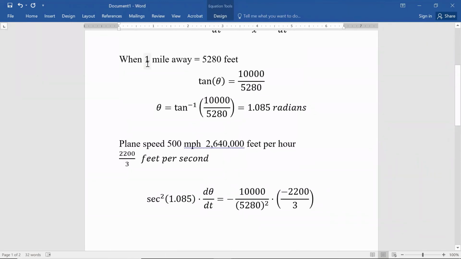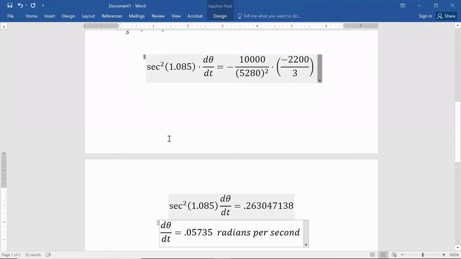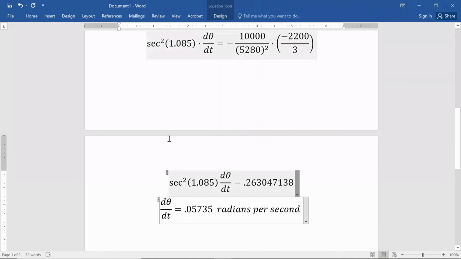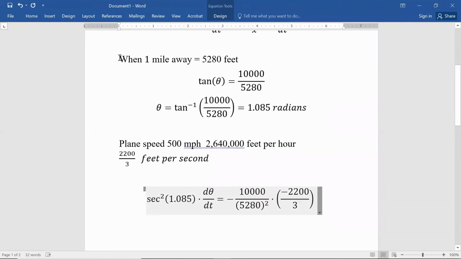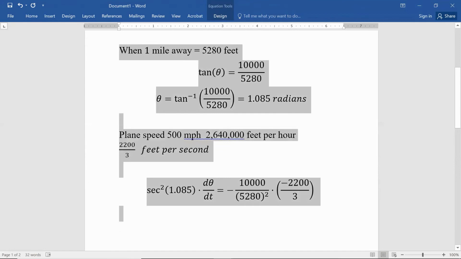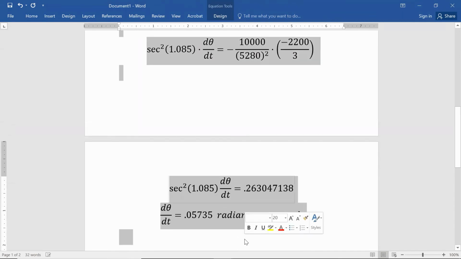So once we've done that for 1 mile away, then we can do that for 0.2 miles away and directly overhead. Let's go through the same process for when the plane is 0.2 miles away.